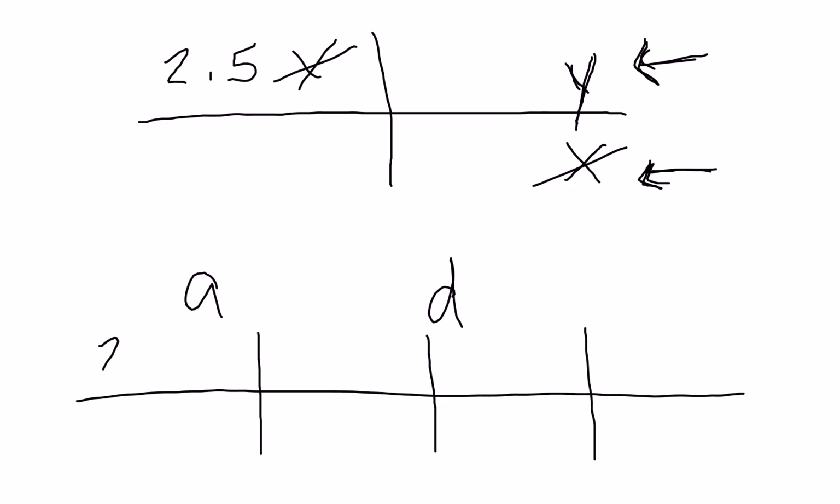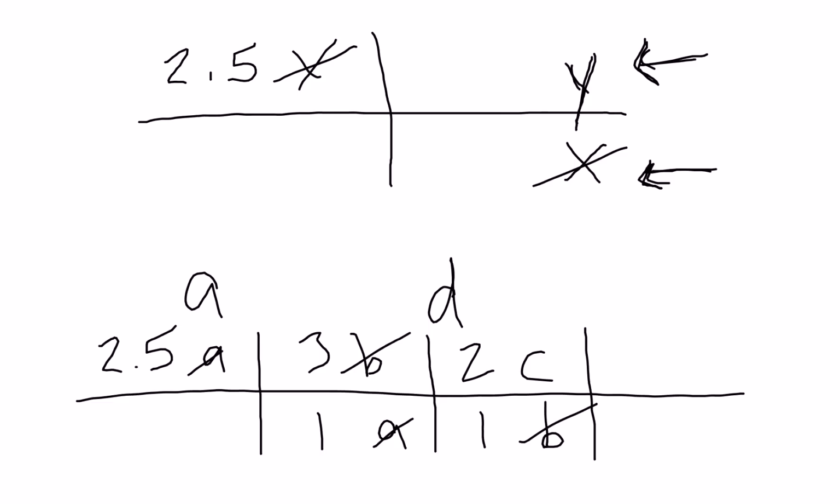So I'll have 2.5 A, and then for every one A, there's a certain amount of B, so let's say there's 3 B's. And then I'll get rid of my B's, so the A's cross out, and then the B's cross out, and for every one B, maybe there's 2 C's. And then I want to get rid of my C, and there's D. So maybe for every 2 C's, there's 5 D's, all right, etc.